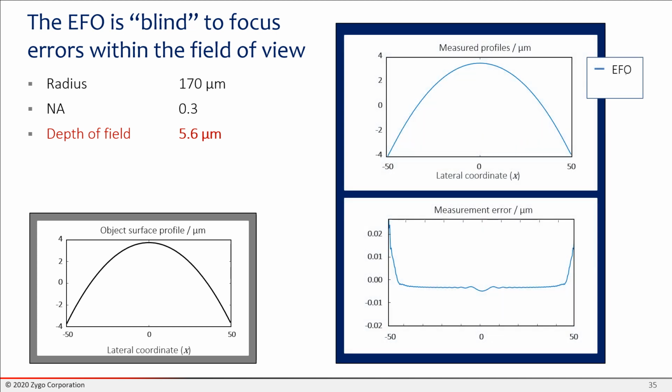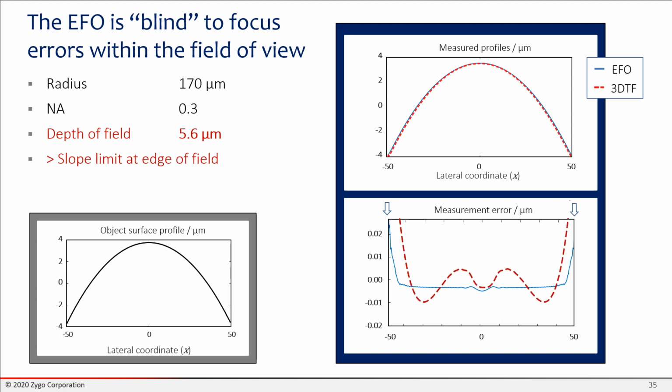If you run the EFO model, you see pretty good results. Measurement error is close to 0, except at the very edges where the light is falling outside the acceptance cone of the numerical aperture. But if you run the 3D transfer function model, you see variations on the order of 10 nanometers almost. These are caused by focus effects, and we expect that in this case, the 3D TF approach is going to be more realistic than the EFO.